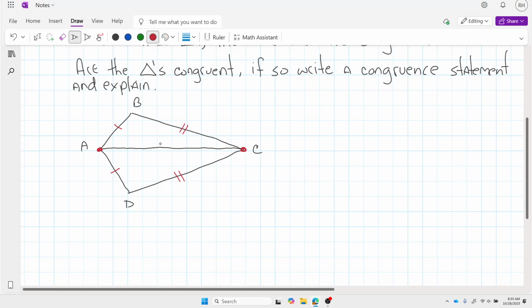So I like to just put 3 tick marks on there, because that means that AC is congruent to AC. It's the same side of the triangle. So here's how this works. Are the triangles congruent? In this case, we have side, side, side of the top triangle congruent to side, side, side of the bottom triangle. So we're going to say yes.